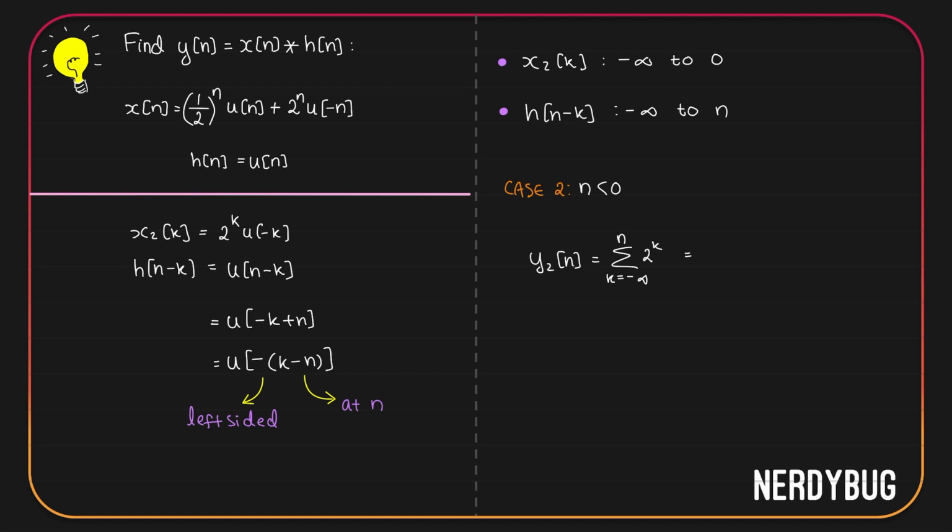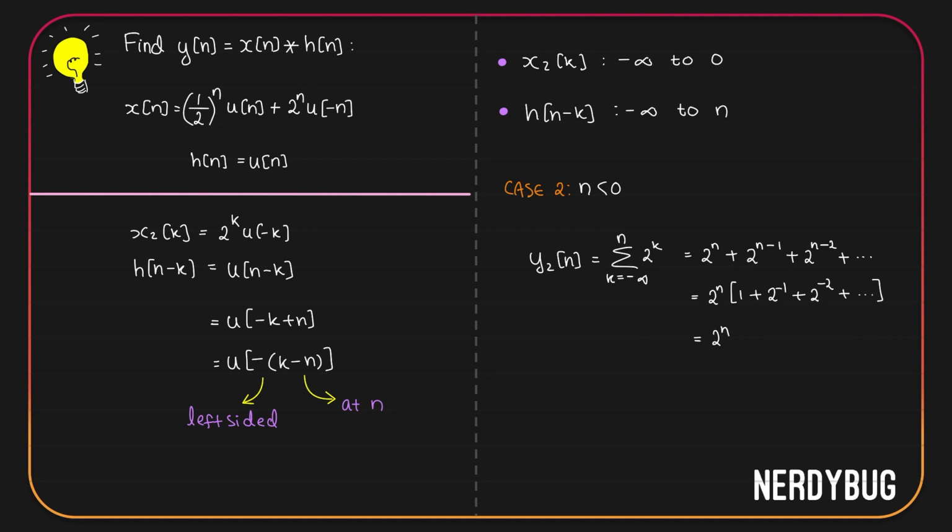Let's start from the upper limit. If you give k equal to n, you get 2 raised to n. Then if you give k equals n minus 1, you get 2 raised to n minus 1. If you give n minus 2, you get 2 raised to n minus 2, and this goes on like that till infinity. Let us take 2 raised to n out of it. First term becomes 1, second term becomes 2 raised to minus 1, third term becomes 2 raised to minus 2, and it goes on.